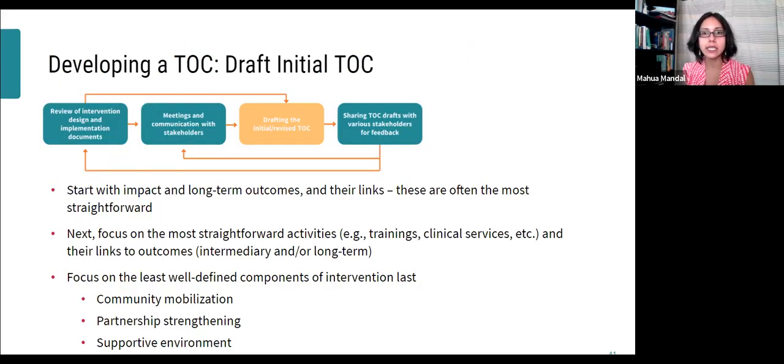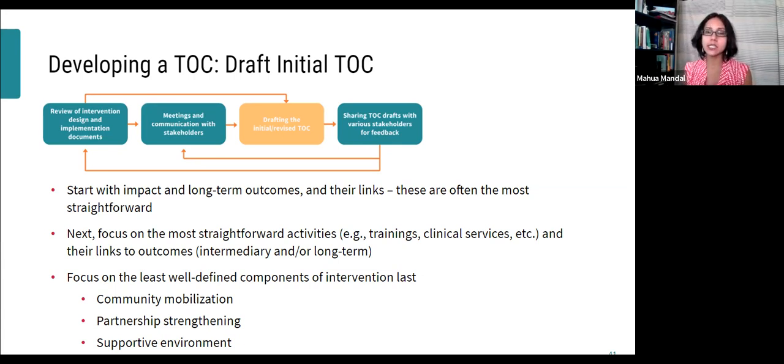Once you have those communications and the mini meetings with the stakeholders, then it's time to start drafting the initial theory of change. And as I said, this is an iterative process. So you may have already started drafting a theory of change with communication just from one group of stakeholders and are waiting to have communication with another group of stakeholders.